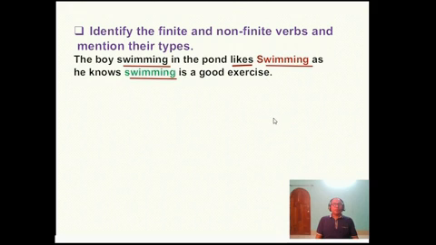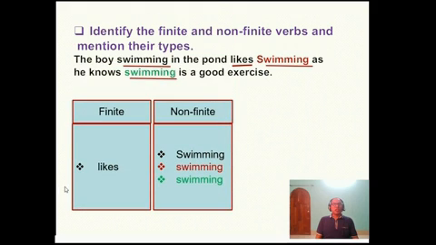Okay, let's see. Here you find finite verb likes, and you also get another finite verb is, which has not been written here, but this is also a finite verb, and swimming, swimming, swimming are the non-finite verbs.